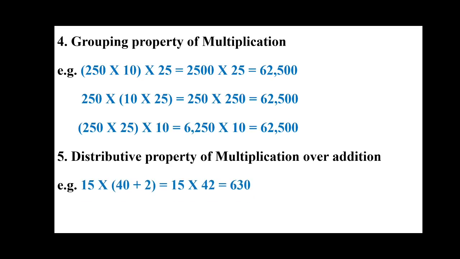Here 15 into 40 plus 2. First we are going to add the two addends, 40 plus 2, 42. With that multiply 15. We got the answer 630.